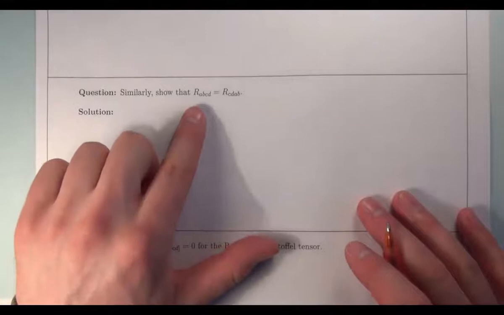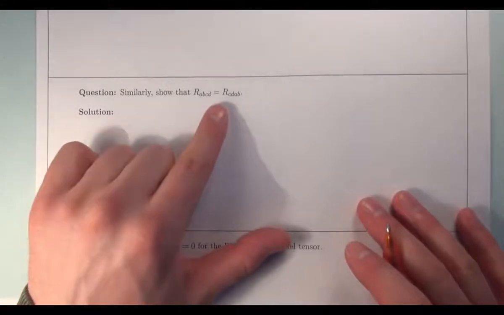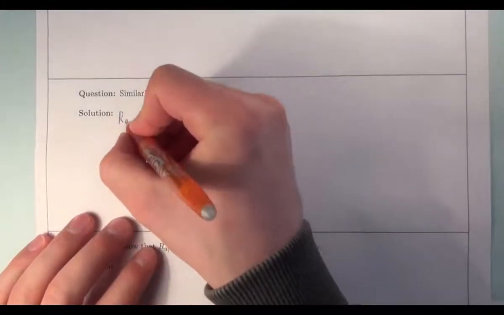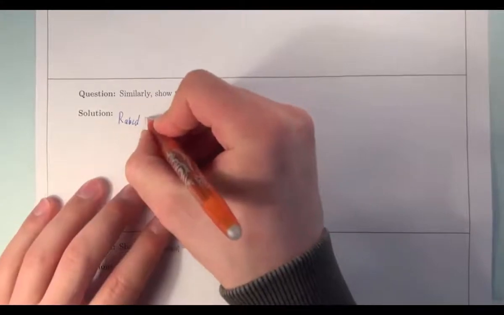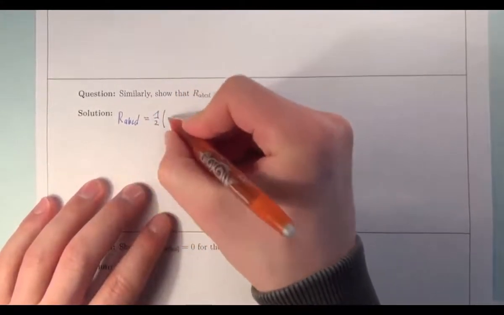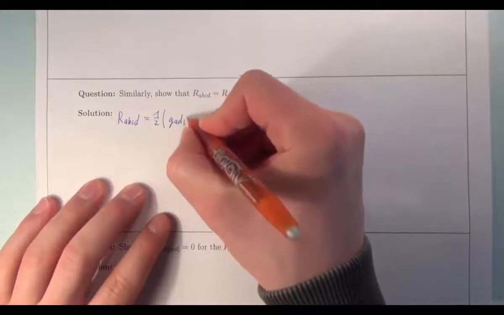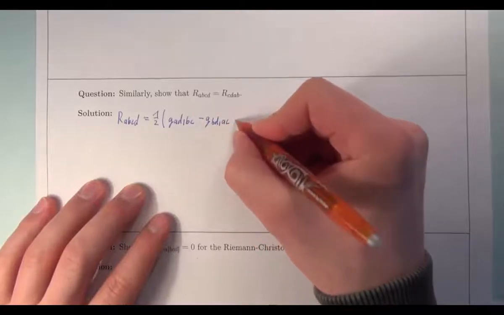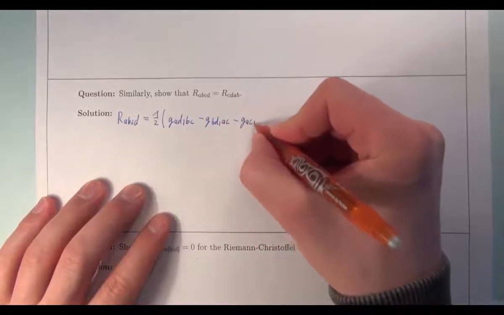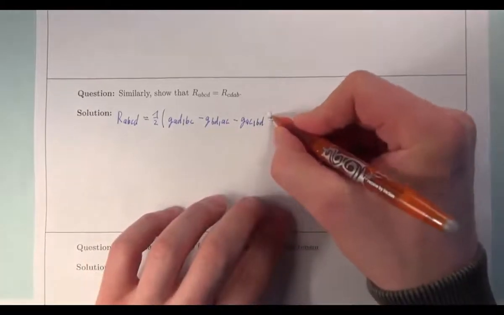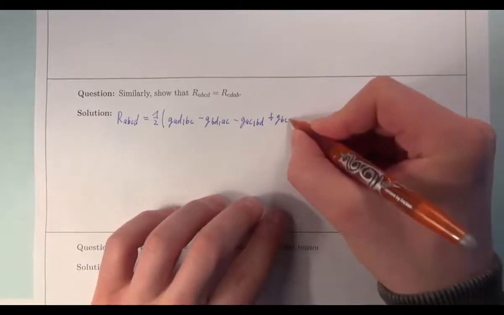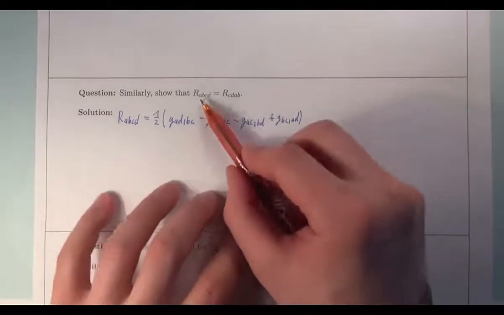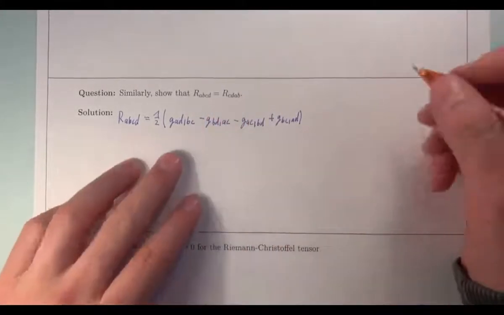We now show that R_ABCD is equal to R_CDAB. We write out again what you calculated two questions before. It's 1/2 G_AD,BC minus G_BD,AC minus G_AC,BD plus G_BC,AD. What we are looking for now is if we exchange AB to CD. Okay, write it down.